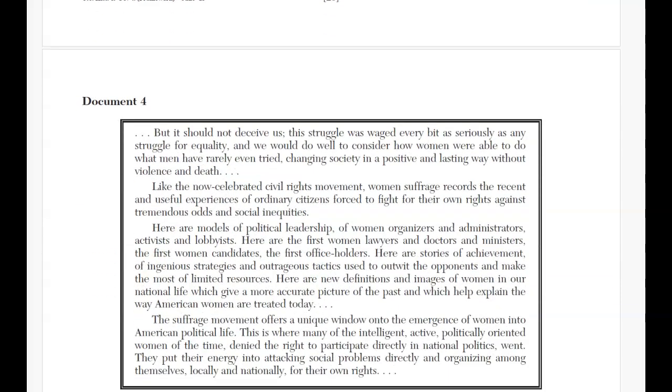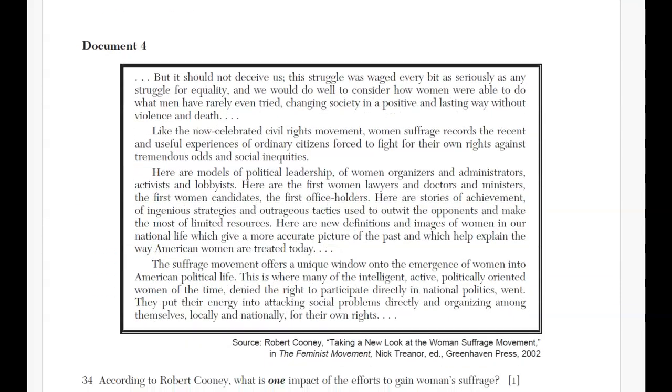Okay, document 4. Taking a new look at the women's suffrage movement in the feminist movement, 2002. Again, this is a history book about the time, not a document from the time. But it should not deceive us.